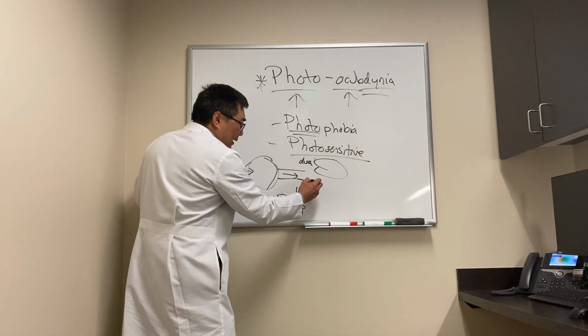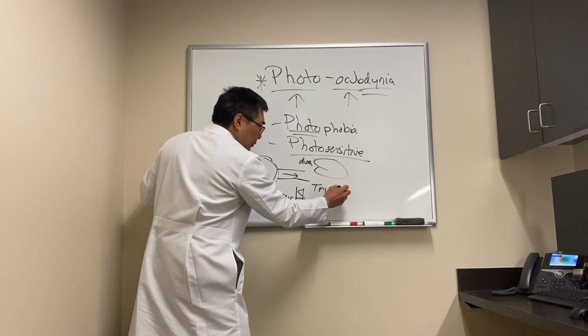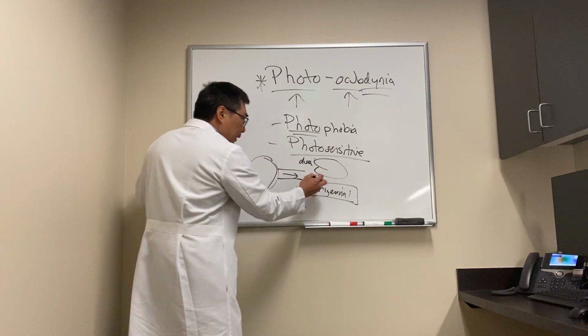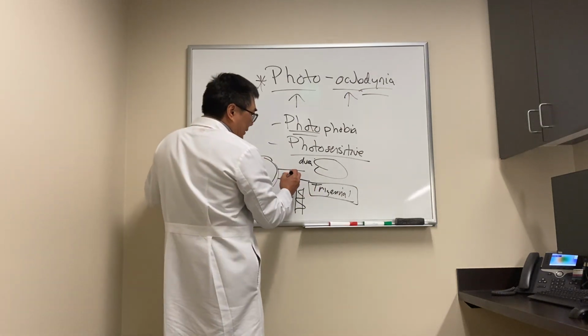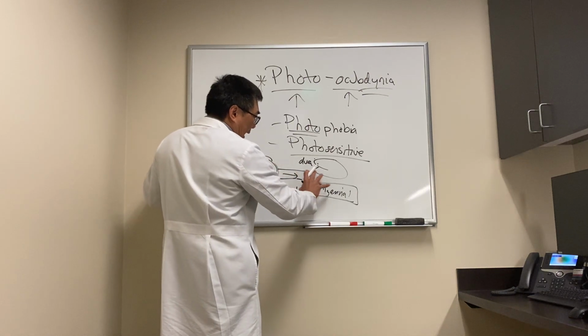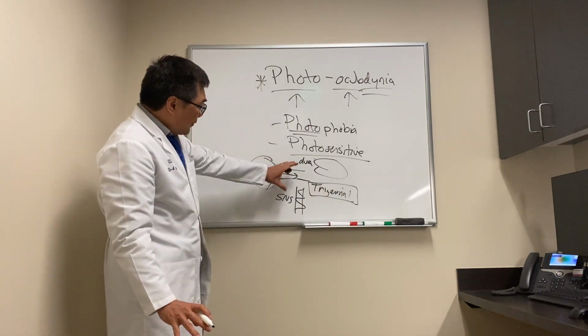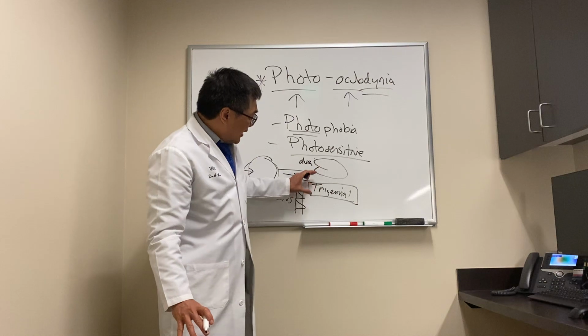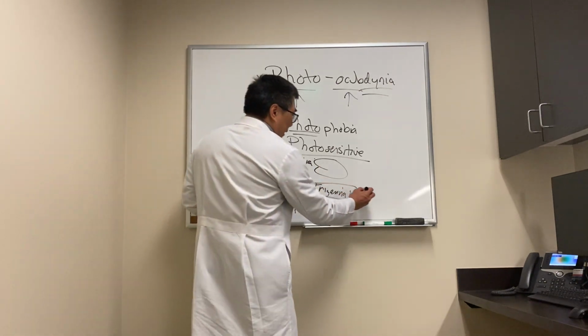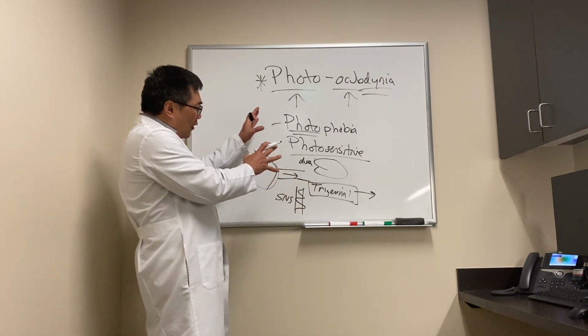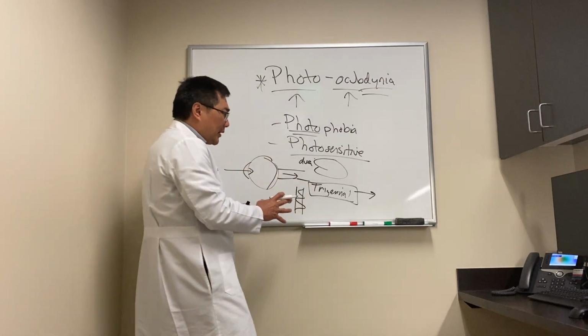And that means the trigeminal is going to be involved on the afferent pain side. So the mixing of the afferent pathway from the optic nerve, cranial nerve 2, with the sensory afferent pathway of the trigeminal is where these photophobia and photosensitivity problems come into play.